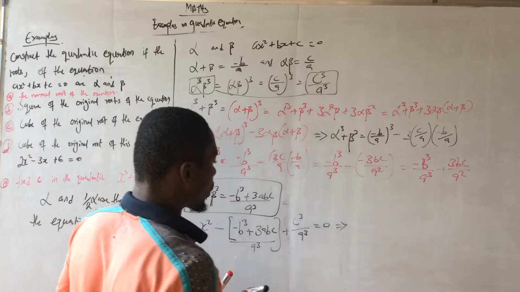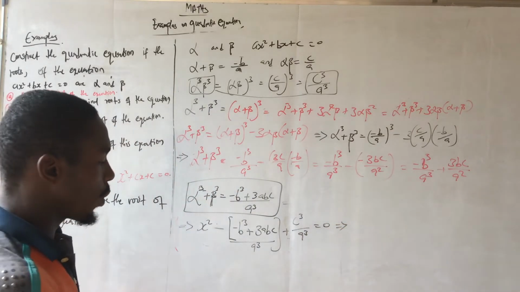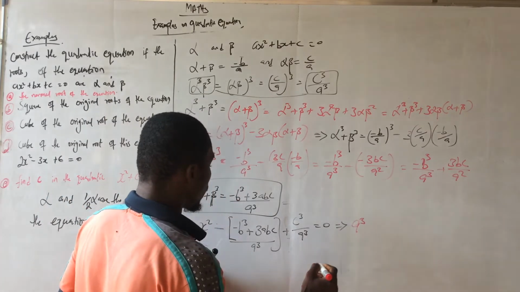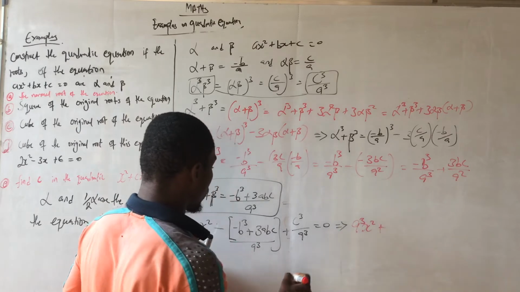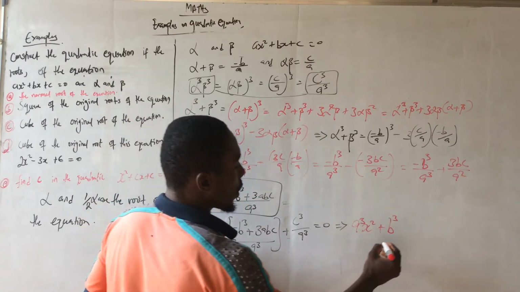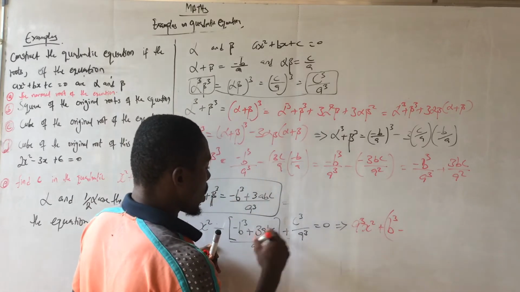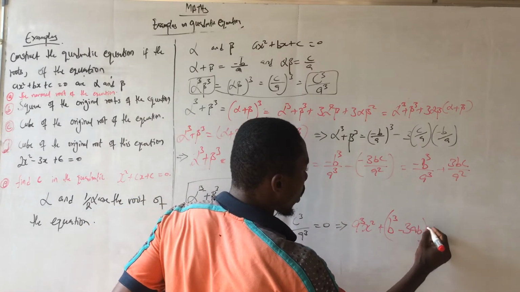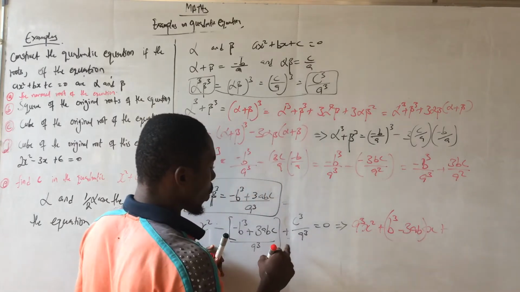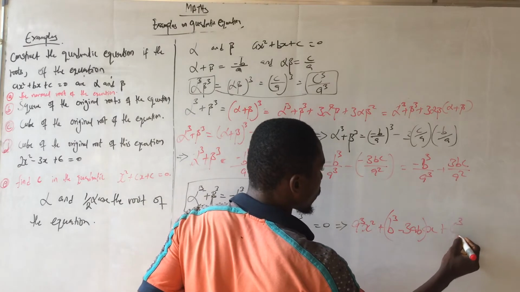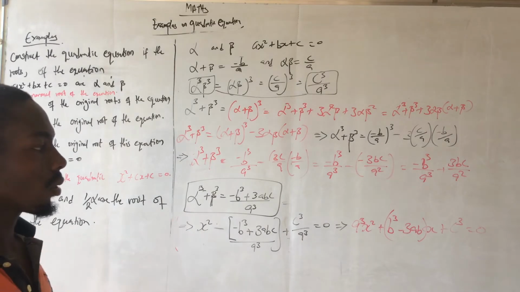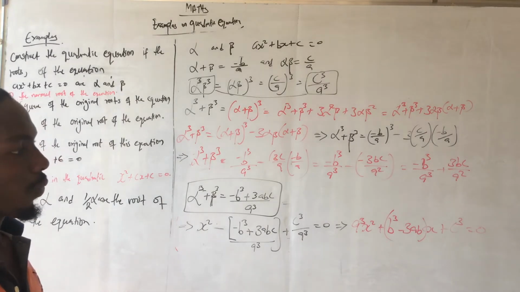Now when we multiply all through by a cube, we make this equation more beautiful. a cubed x squared plus b cubed minus 3abc, all in x, plus c cubed equal to 0. So that is the quadratic equation we formed.